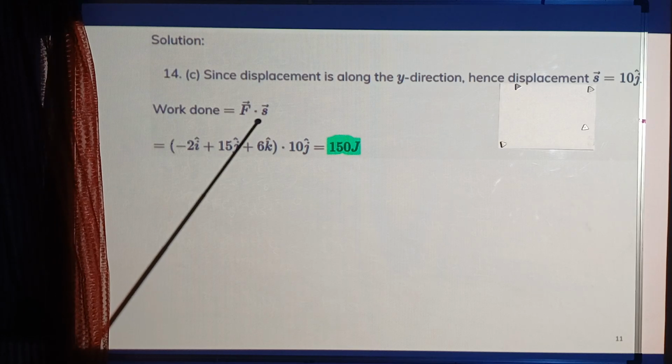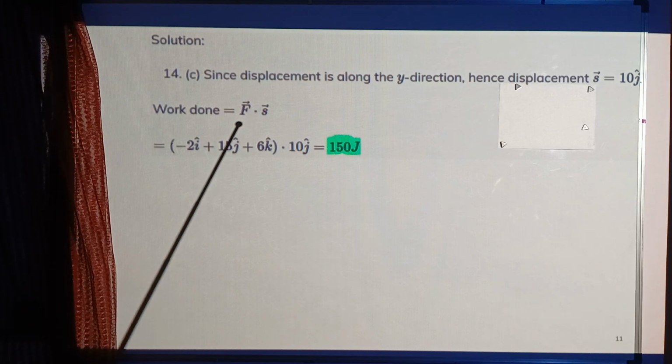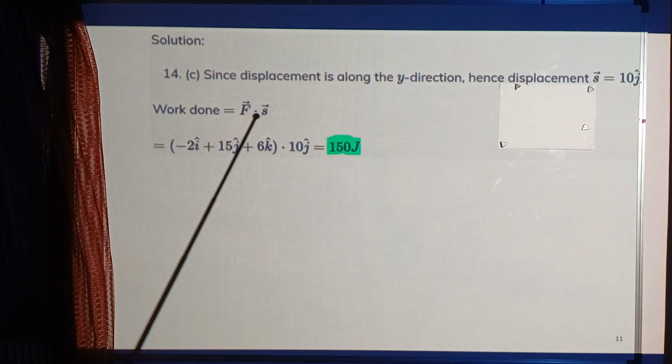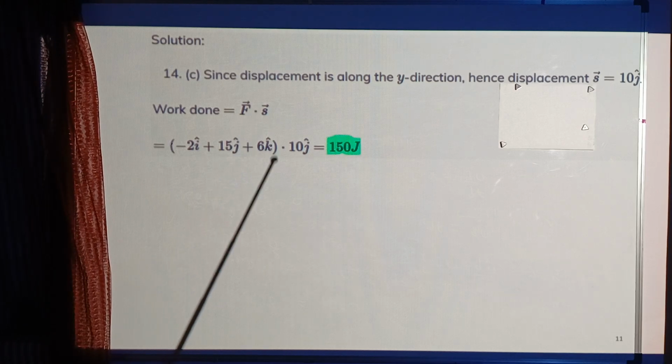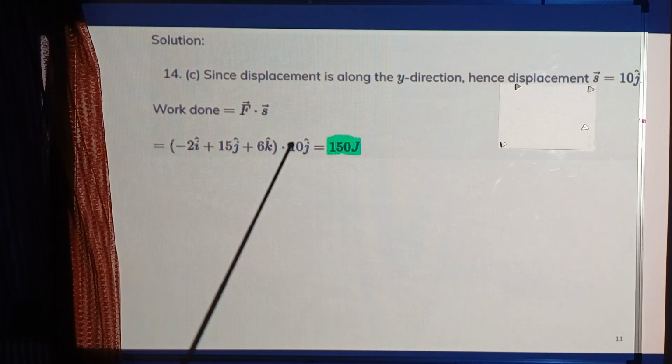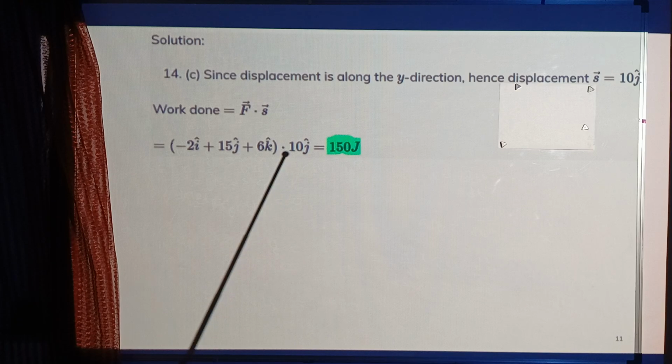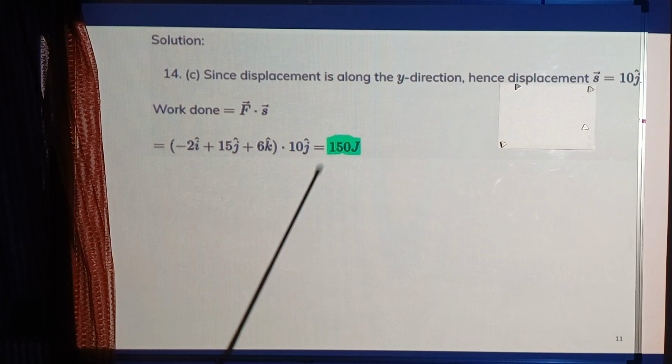So work done is F dot S. Since the force is constant and uniform, just a number, it will be F into the total displacement. We have taken the displacement in the positive y direction, which is not mentioned in the question, but it's being assumed, so it's plus 150.